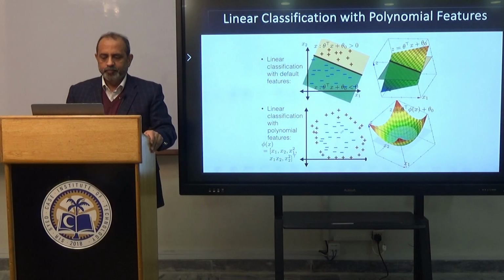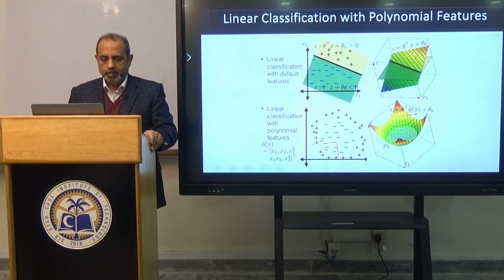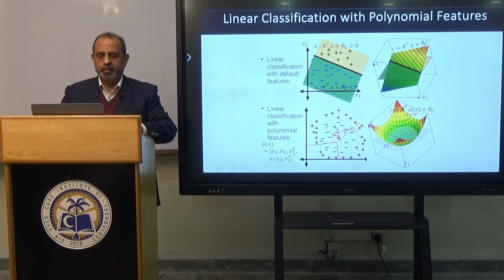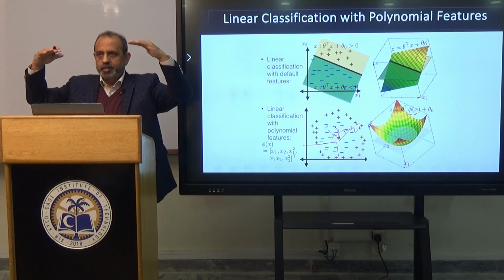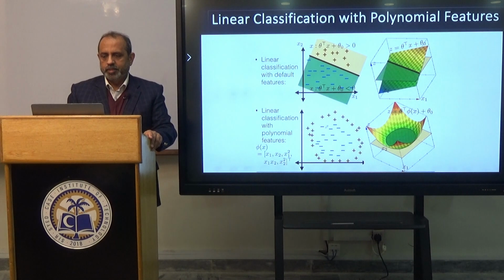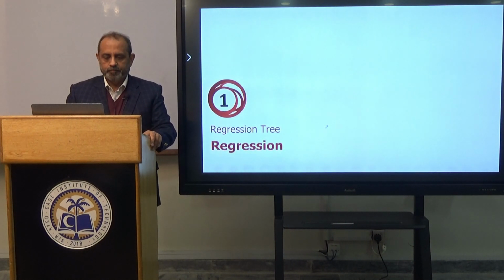For example, here if you take this transformation of a feature and you square them, like x1 square plus x2 square, and you have a kind of center here, all these negative points will have a smaller radius, and all the positive points will have a greater radius. You just plot them in r and theta, and you will find out that you can easily fit a line. So sometimes you can do linear classification with polynomial features.